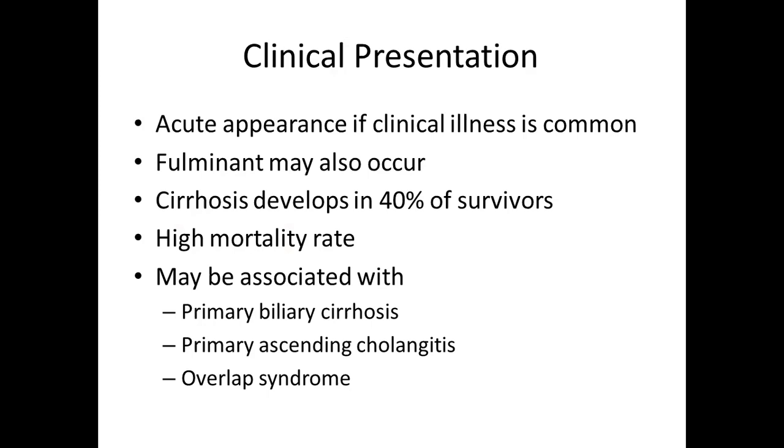This is usually associated with a high mortality rate and may be associated with other diseases primarily affecting the liver, like primary biliary cirrhosis or primary sclerosing cholangitis, which are also autoimmune diseases. In some cases, there may be overlap syndrome, meaning the patient has symptoms of autoimmune hepatitis as well as primary biliary cirrhosis or primary sclerosing cholangitis, both of which usually present as cholestatic disease.